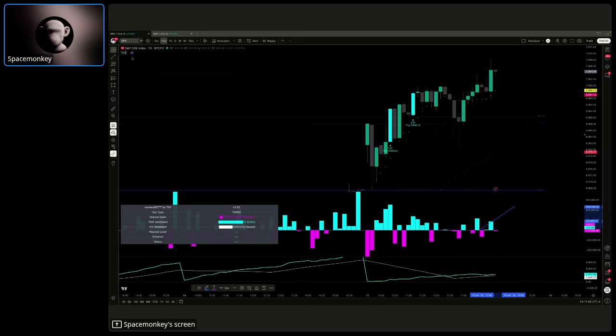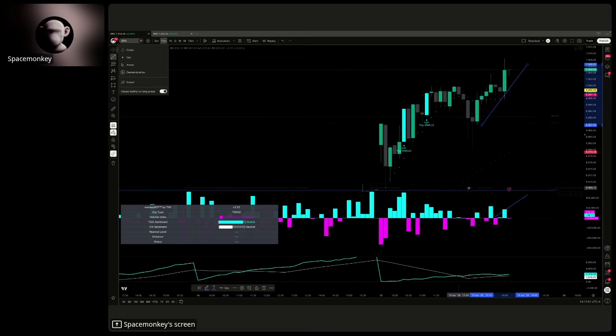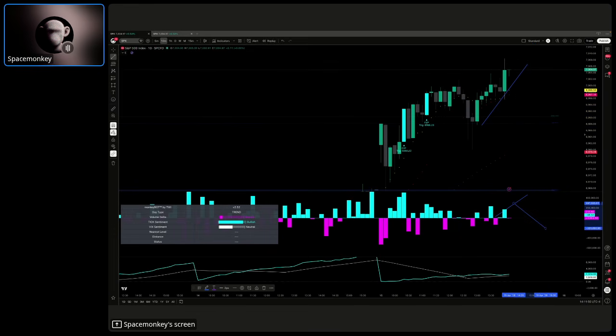And on the opposite side of things, if you have price moving higher, right? If you have price moving higher, and the volume delta is actually moving lower, like this, right? It just means that the sellers are absorbing the buyers. They're basically selling into it, and you might see a reversal.